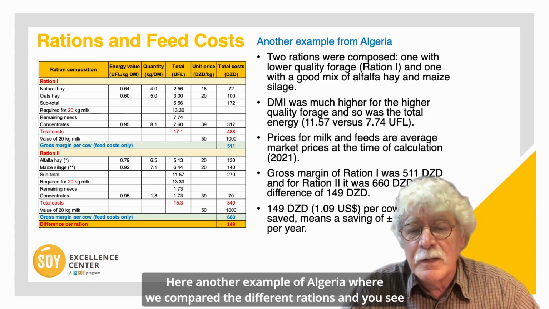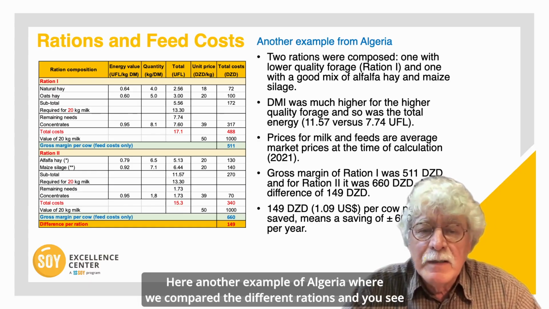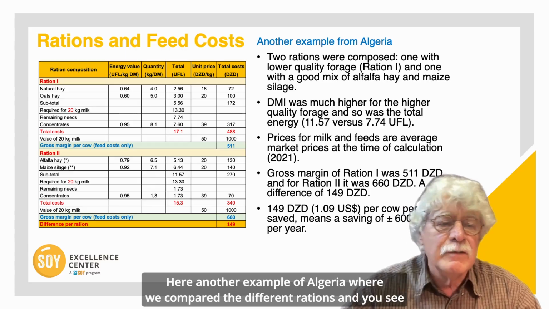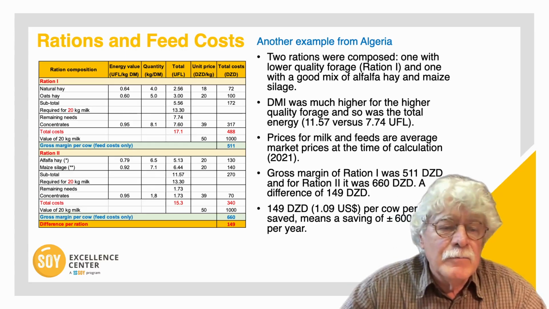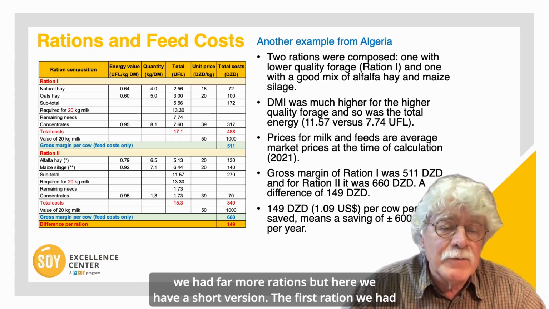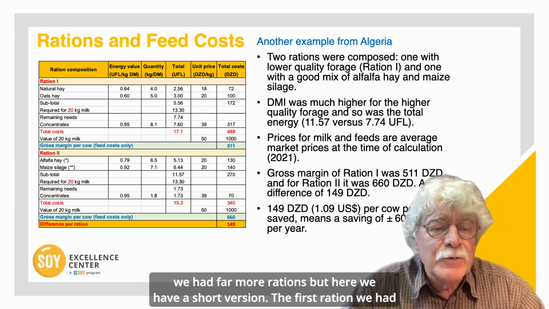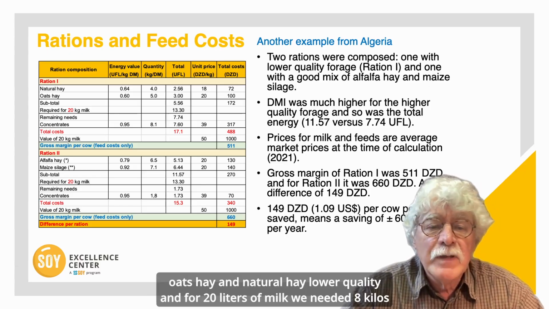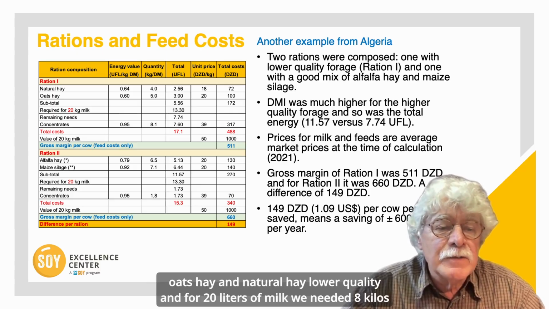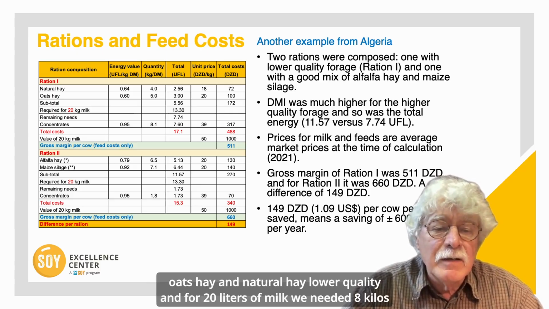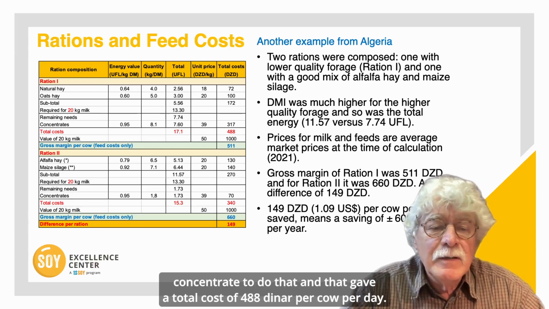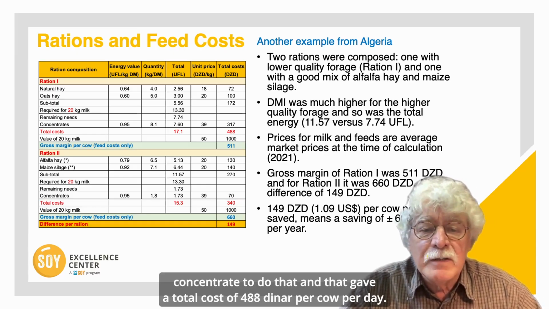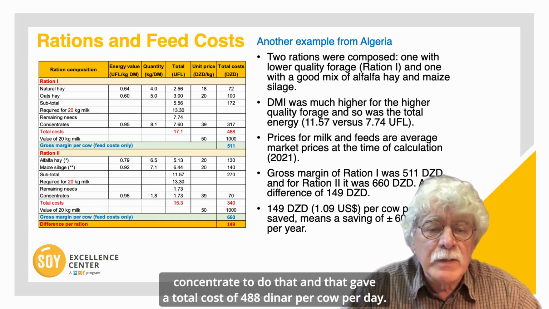Here, another example of Algeria, where we compared the different rations, and you see we had far more rations, but here we have the short version. The first ration we had oats hay and natural hay, lower quality, and for 20 liters of milk we needed 8 kilos concentrate to do that, and that gave a total cost of 488 dinar per cow per day.